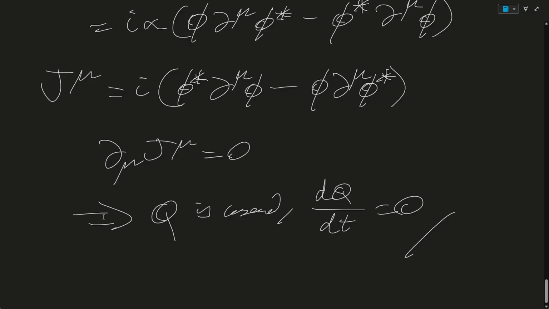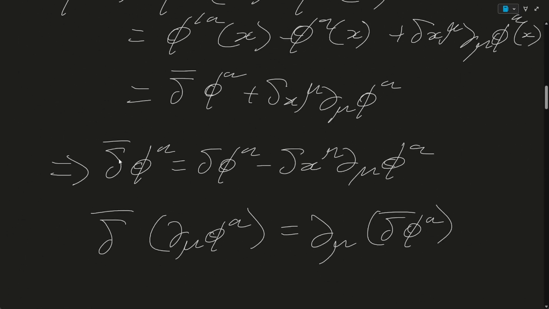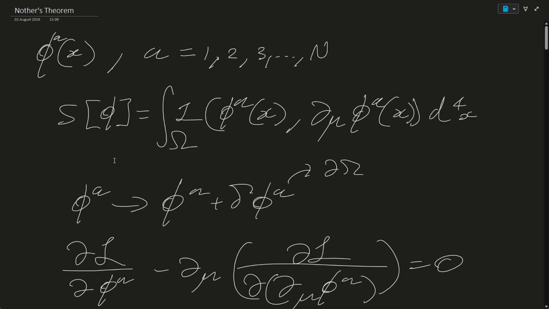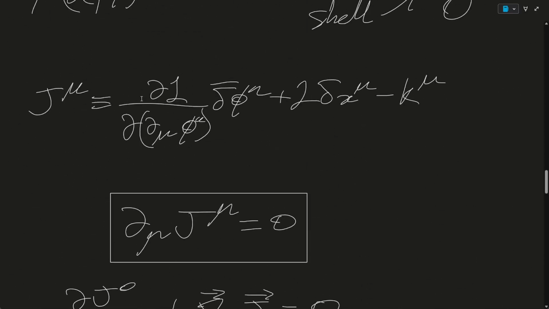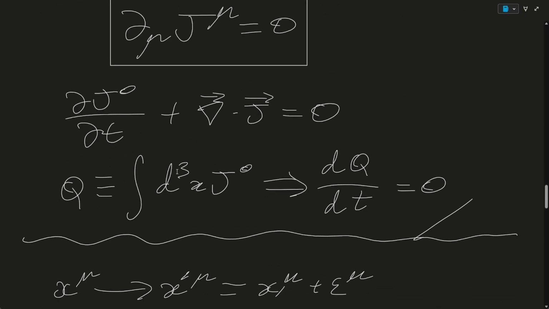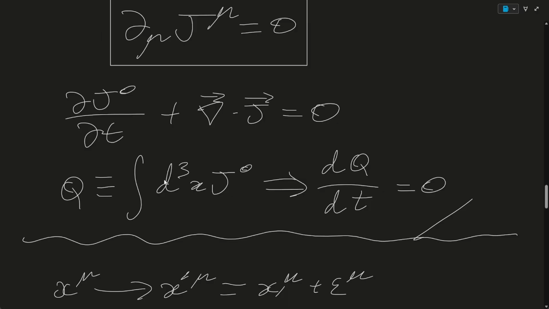And so after quite a bit of work, we have shown that Noether had a theorem, came up with the Noether current, which is this, noted that for an on-shell system the derivative of this Noether current is equal to 0, and thus it is conserved.